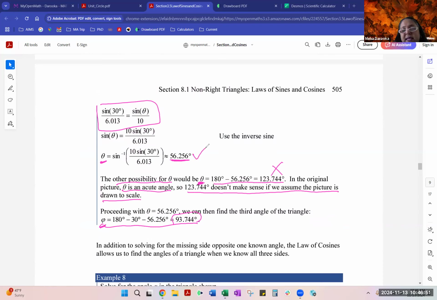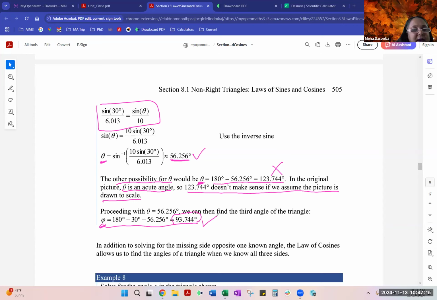That's why we're only keeping 56.256, and based on that, our third angle comes out to be 93.744. In your examples, if they give you an image, use that as a guideline. If they do not give you an image, then we would have to consider both answers and keep both options going.